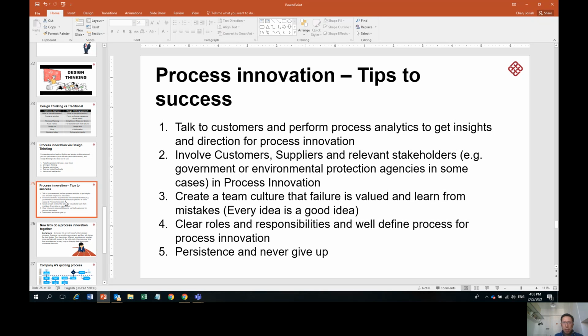Of course, you understand the importance of why we need to talk to customers, but sometimes you may not be able to talk to customers, or the customers may not be able to give you too many insights. There are also some scenarios where you should do some process analytics, so that you can understand the process performance patterns.